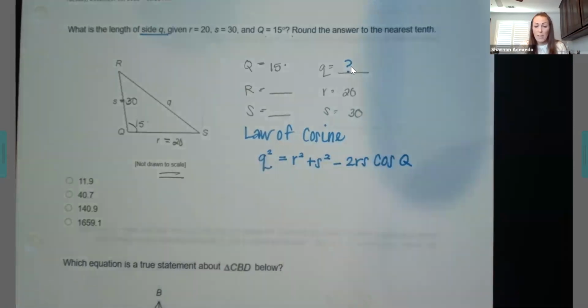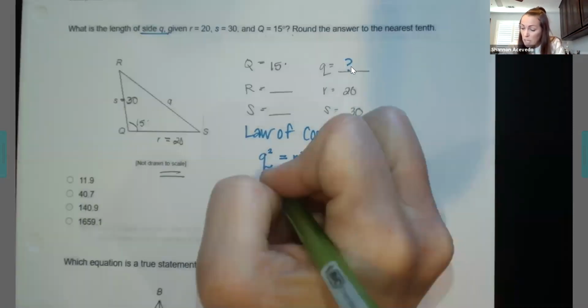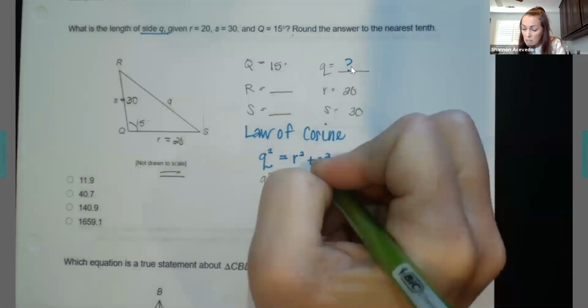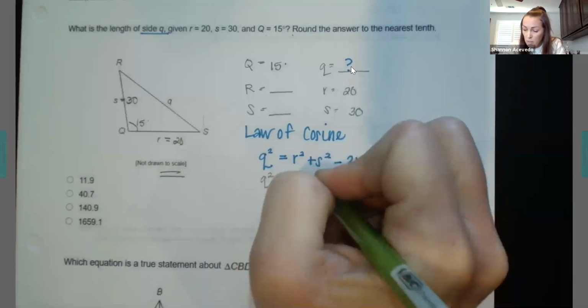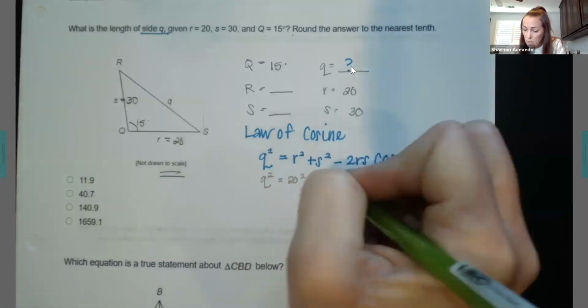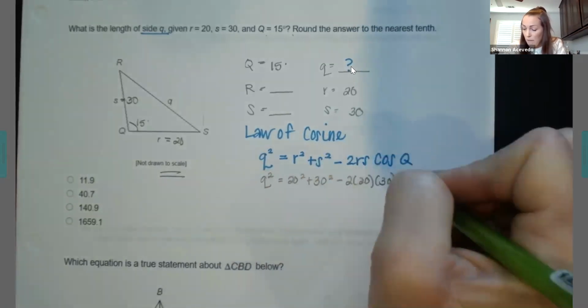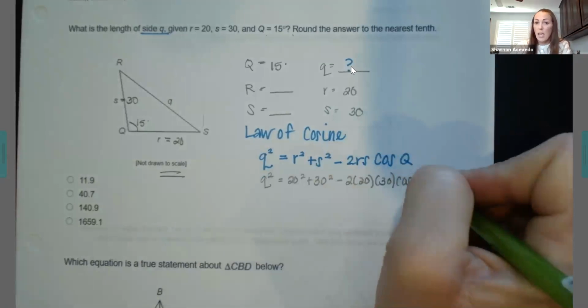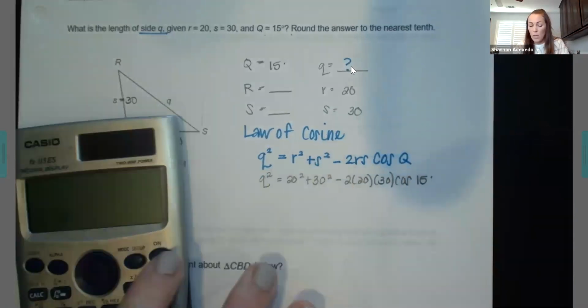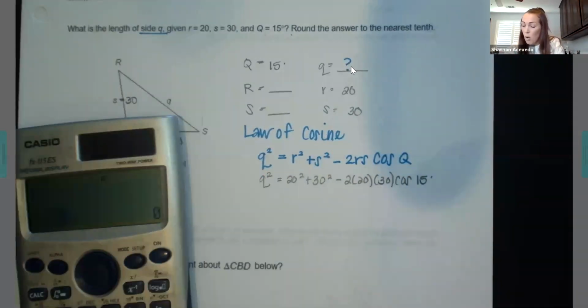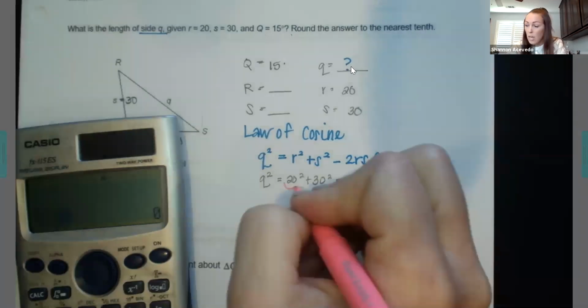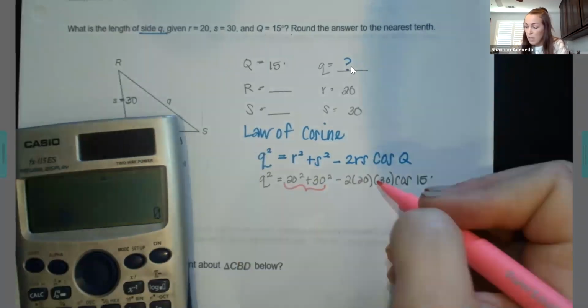So I have everything I need to solve this, so I plug it in. Q squared is equal to 20 squared plus 30 squared minus 2 times 20 times 30 times cosine of 15 degrees. And I go to my wonderful calculator. I usually do these two values together, and then I do all of this together.